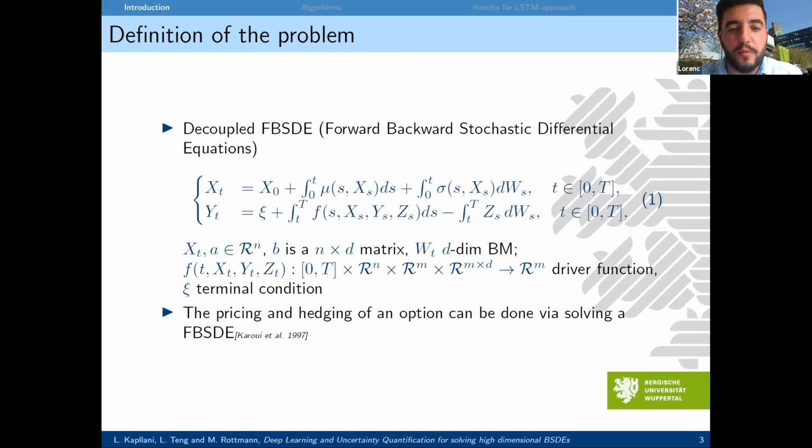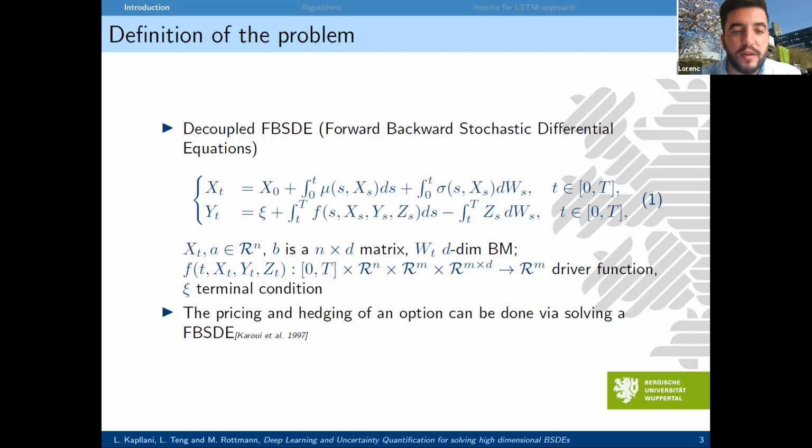So the form of these equations is as follows. It is presented by two different stochastic differential equations. The first one is the forward process, which, for example in terms of option pricing, is the dynamics of the stock. The second part is the backward stochastic differential equation, where there are two processes, Y and Z. There is also Xi, which is the terminal condition; in the case of option pricing, this is the payoff.